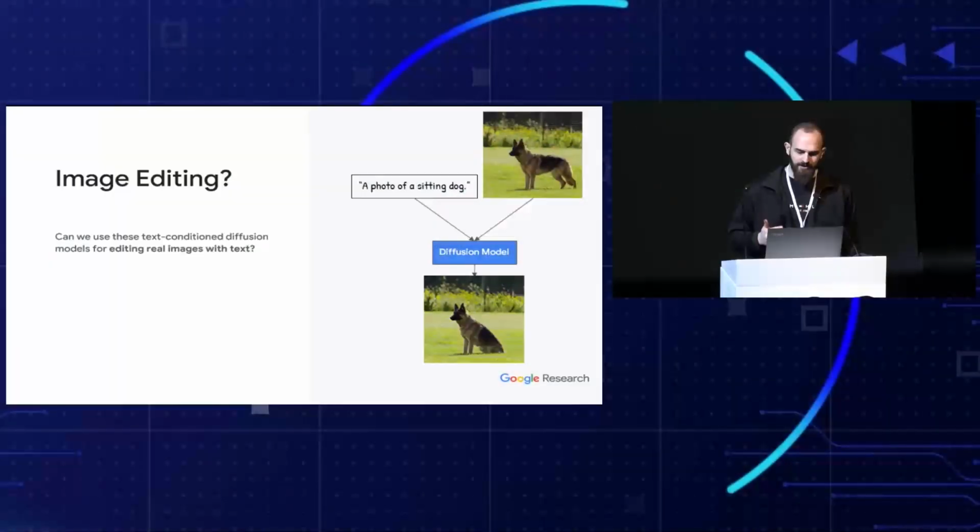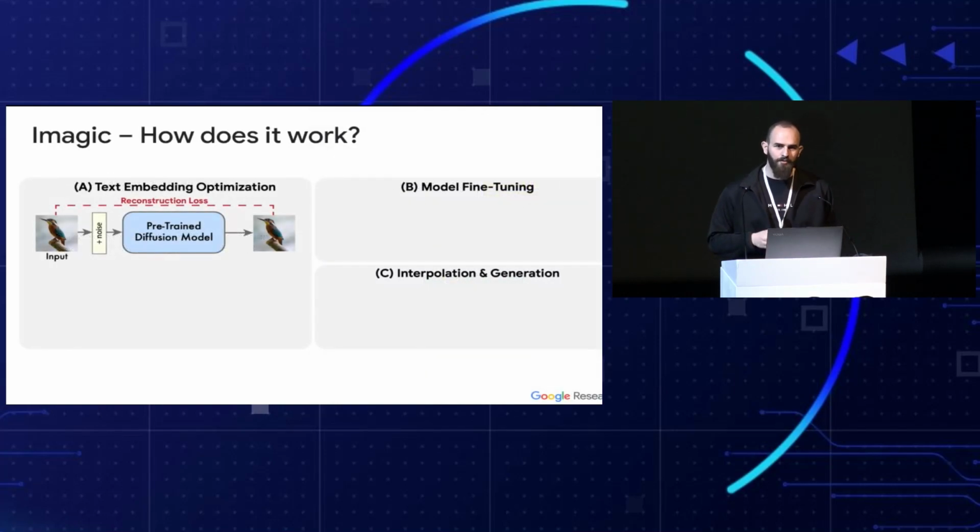Our question is, can we use these text-conditioned diffusion models in order to achieve that? The answer is yes, we can, and we did. As you can see here, we preserved the background, we preserved the identity of the dog, and we made him sit. The way we achieved that is a three-stage algorithm, but it's actually pretty simple.